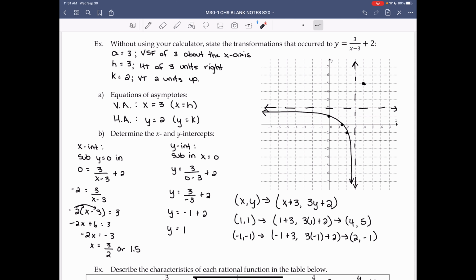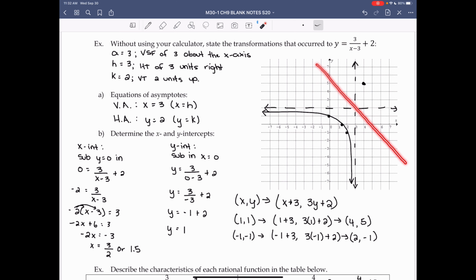When we have a rational function like this that has two curves, and those two curves are on opposite sides of the horizontal asymptote, so here's our horizontal asymptote, one curve is below that and one curve is above that. When we have that situation, then there's symmetry across a diagonal line that goes through the intersection of the two asymptotes. So in this case, because of the way they're set up, that line of symmetry would be here.